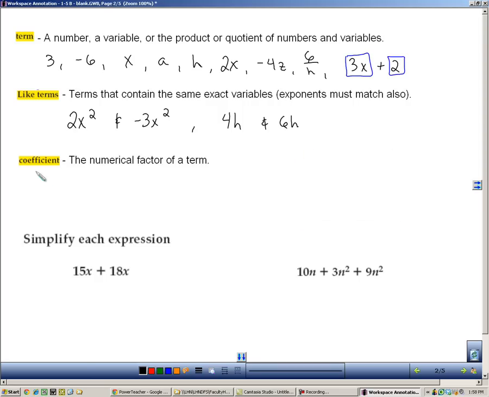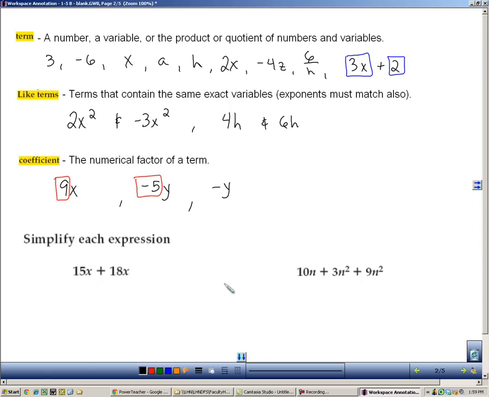And then the third word here is coefficient. The coefficient is the numerical factor of a term. So in 9x, the numerical factor is a 9. So we say the coefficient of this term is 9. In this term, negative 5y, the coefficient is negative 5. How about negative y?